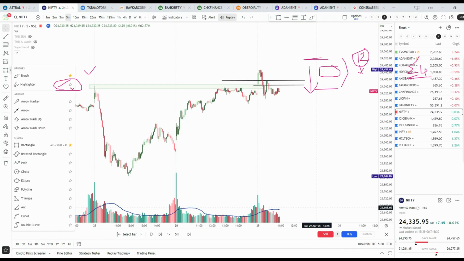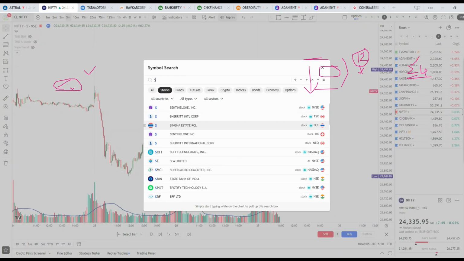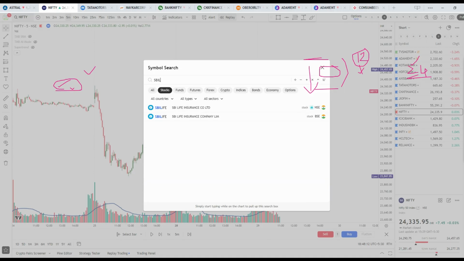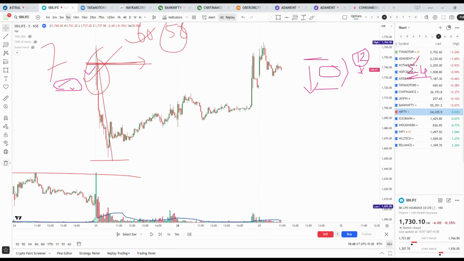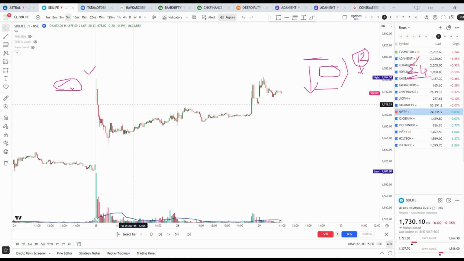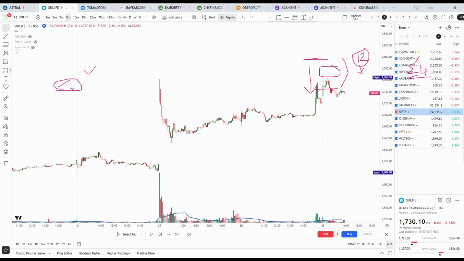And also, here is one more way of trading this. Most of the time this kind of stocks, especially these bearish kicker stocks, open with a 6 to 7 percent gap up. This was SBI Life, okay, it opened with a 7 percent gap up yesterday and started falling.